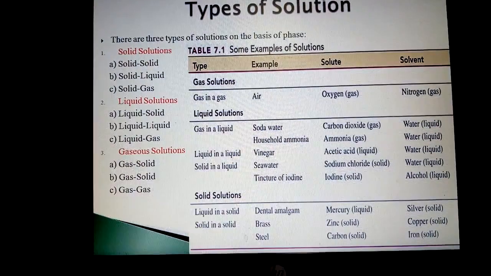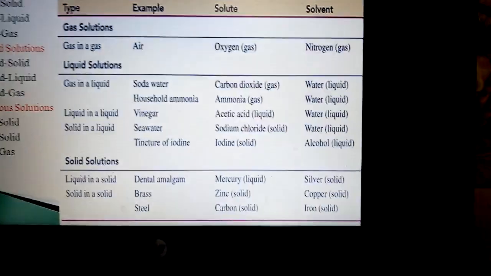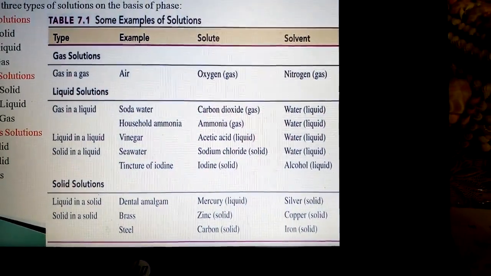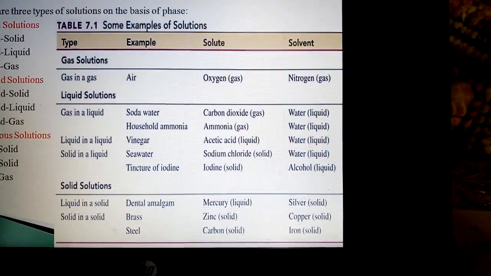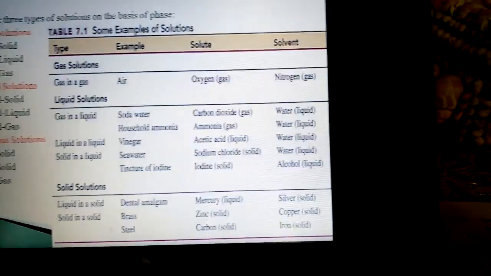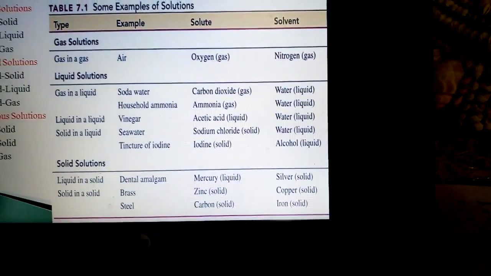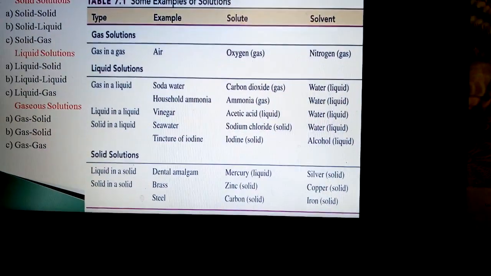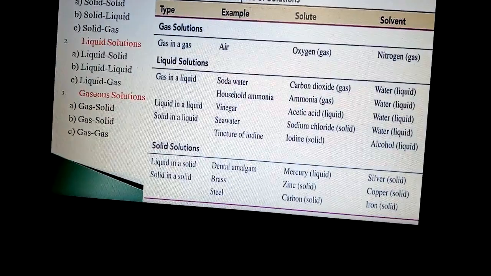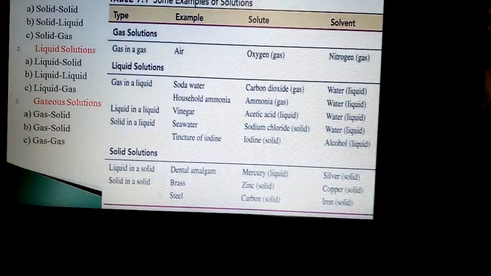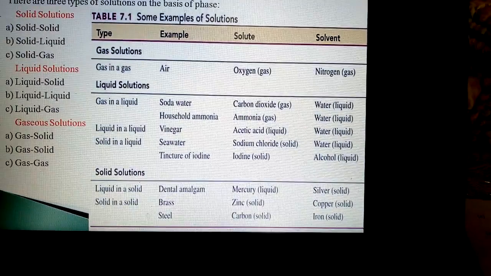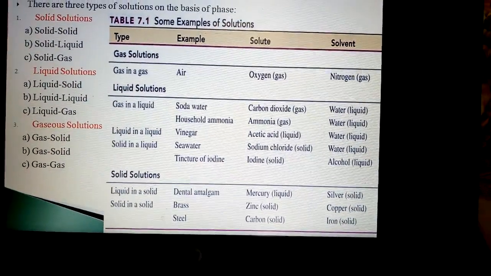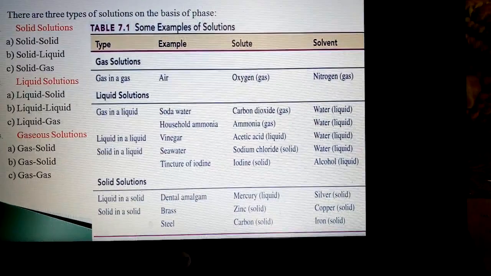Here are some examples given in that table, where we can consider mainly how these solutions are formed by taking the difference in the phases. For example, if we take solid solutions, it means solid acts as a solute, and a solid substance also acts as a solvent.